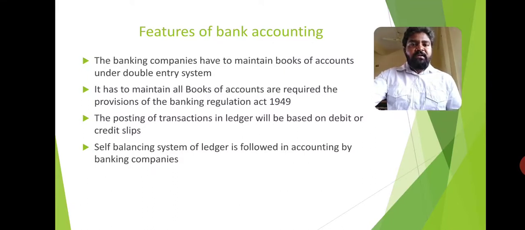Then all books of accounts are required to follow the provisions of the Banking Regulation Act 1949. While maintaining books of accounts, banking companies should follow the provisions of the Banking Regulation Act 1949.